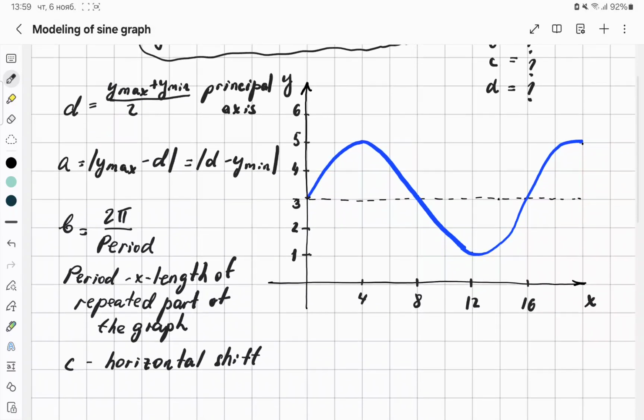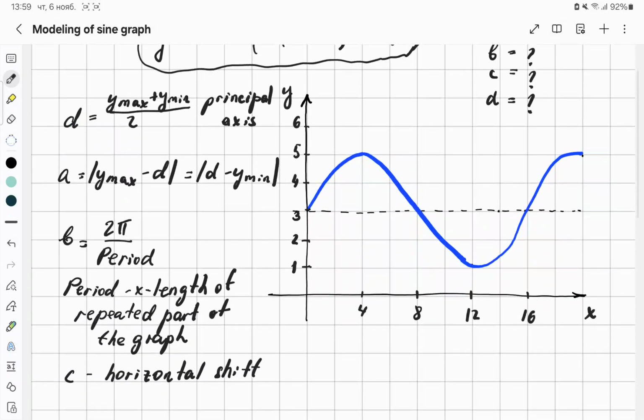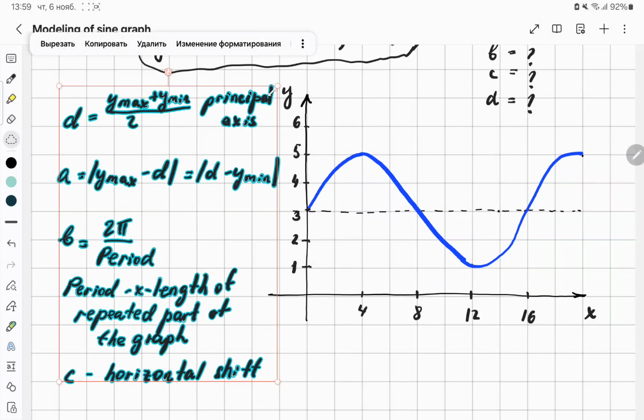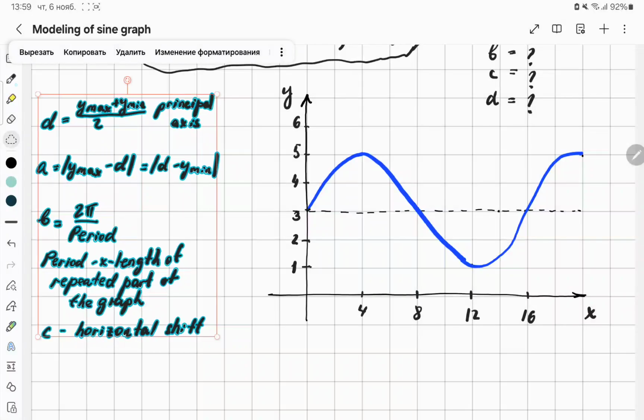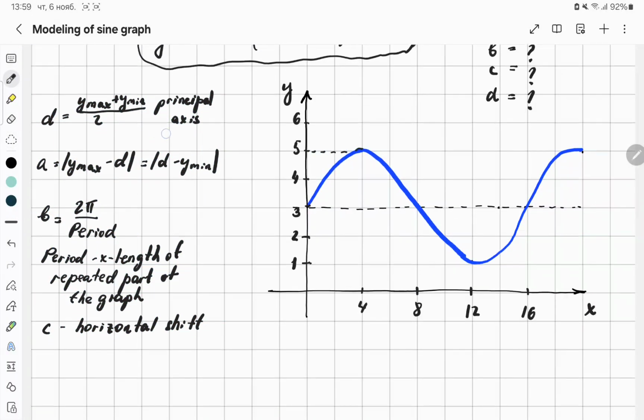Okay, now we have specified all parameters, and now let's find them. Based on the graph, we should find each parameter separately. Let's turn first to parameter d. First of all, we should find the value of the maximum, and according to the graph, y max is 5, right?